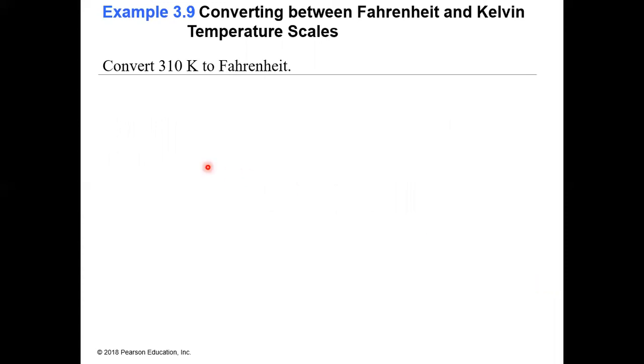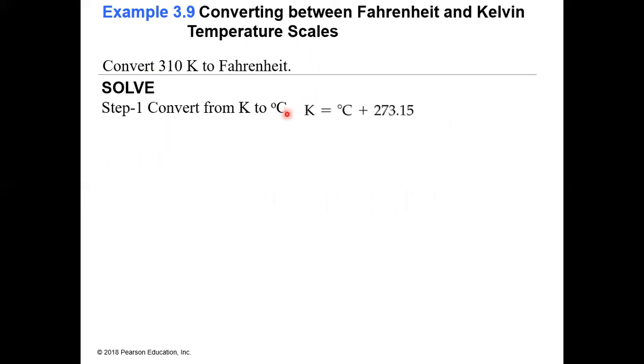In this example, we are converting 310 Kelvin to Fahrenheit. You first need to convert the Kelvin to Celsius using this equation. Even though this equation gives you the Kelvin, you can still do some algebraic manipulation and get this equation for Celsius.